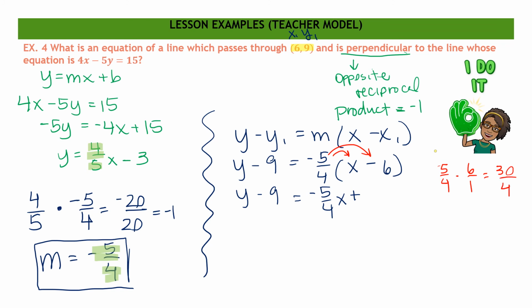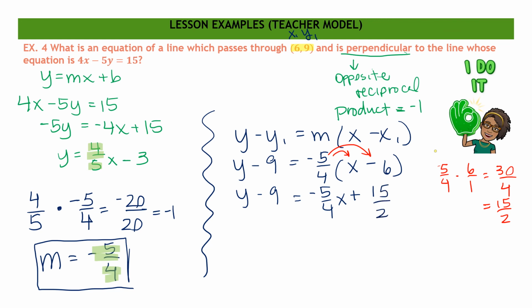Can I simplify 30/4? Yes, if I divide the top and bottom by 2, the greatest factor that goes into both, that gives me 15/2.